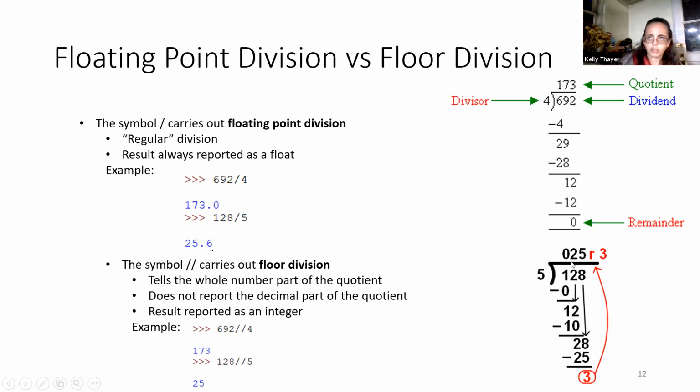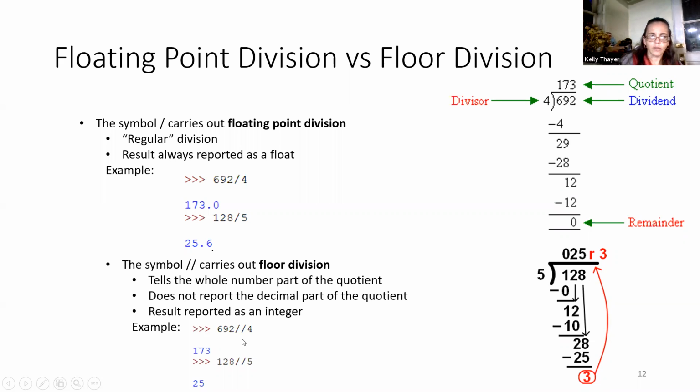And so we would report this as 25 remainder 3 in the elementary schools. And so the double slash is going to carry out that floor division, that simple division, and it will tell only the whole number part of the quotient instead of the complete answer. It does not report a decimal part of the quotient, and the result is reported as an integer.